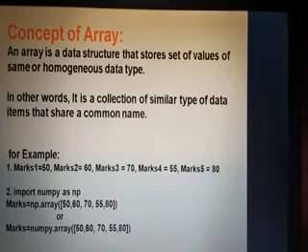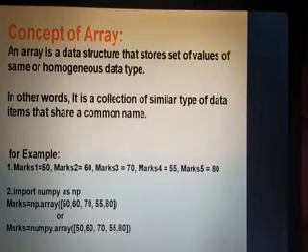Now, what is basically the difference between example 1 and example 2? Once again, in example 1, the marks 50, 60, 70, 55 and 80 are stored in 5 different variables.